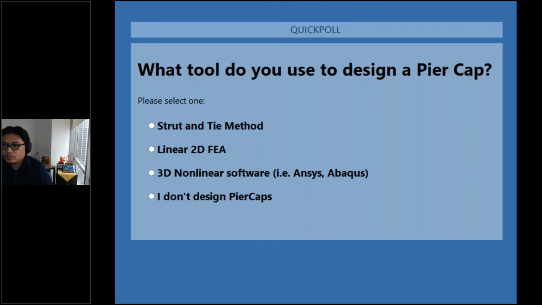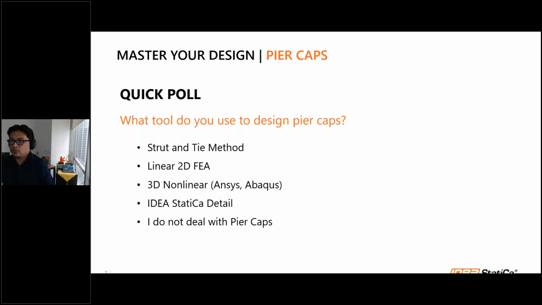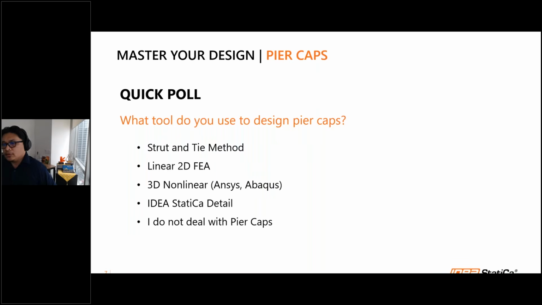I'm going to close the poll and see the results. 47% of you are actually using the Strut-and-Tie method, 11% say you use linear FEA, and the rest, 5%, and also 37% of you say you don't design pier caps. Okay, that's quite reasonable results.